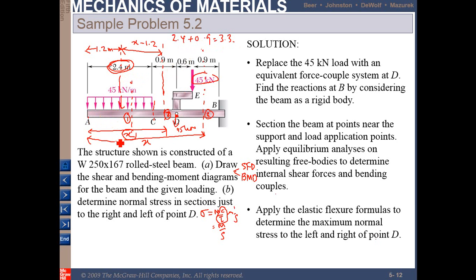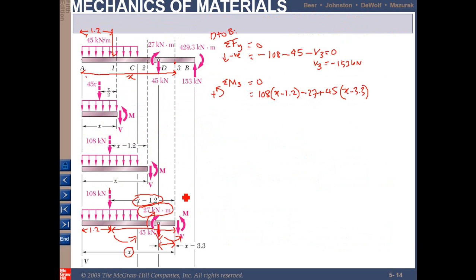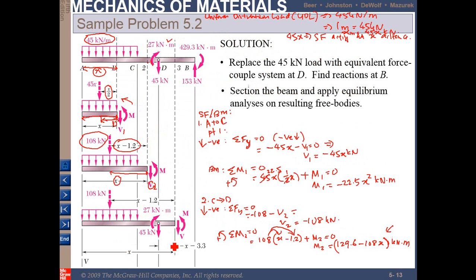So from here to here is 3.3. So what is the distance from here to here? This one is X, this one is 3.3, so you get X minus 3.3. So that's why you got X minus 3.3 here, because from here to here it is 3.3.